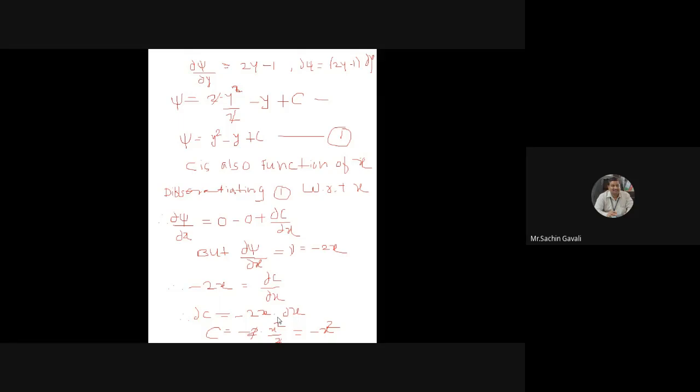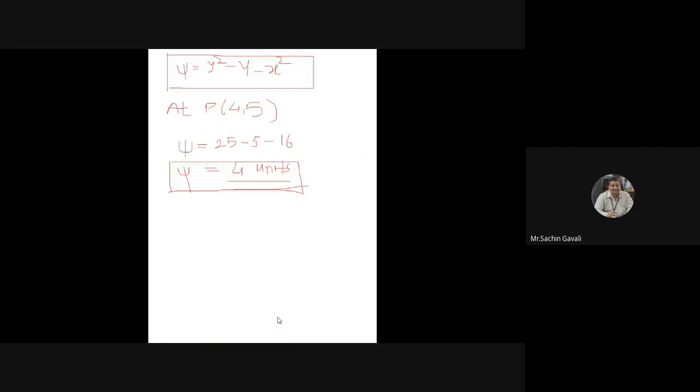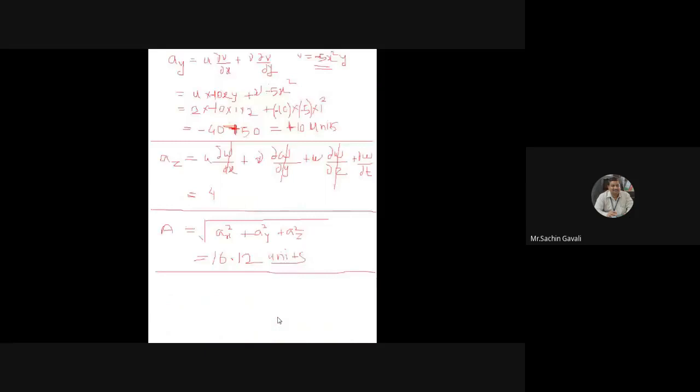Therefore minus 2x is equal to dou c by dou x, and c is coming as minus x square. Putting this in the equation, we got at p(4,5) psi is equal to 4 units. I think everybody understood.